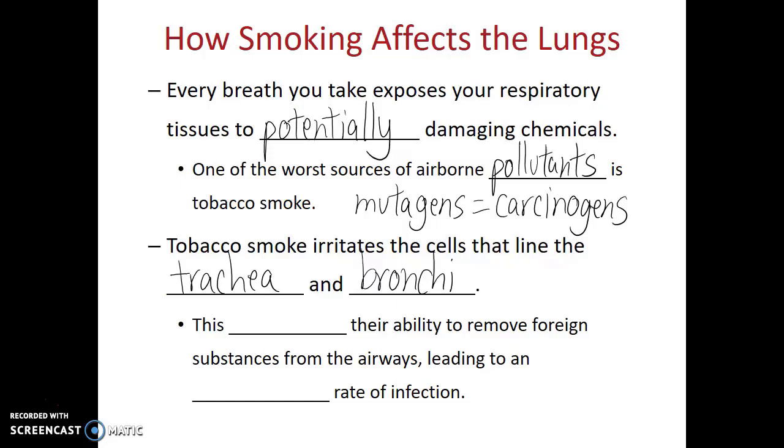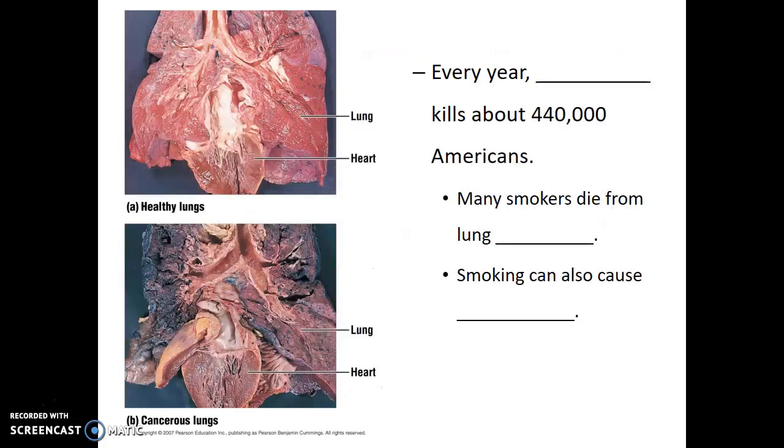If the cells of the trachea and bronchi get singed, this inhibits their ability to remove foreign substances from the airways, leading to an increased rate of infection. And so the ability of our lungs to clear particulates and contaminants out of them can be inhibited if smoke is regularly introduced to the respiratory system.